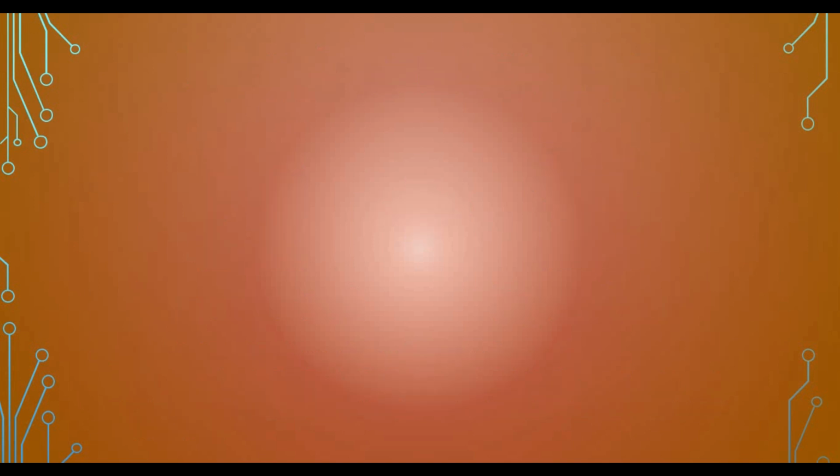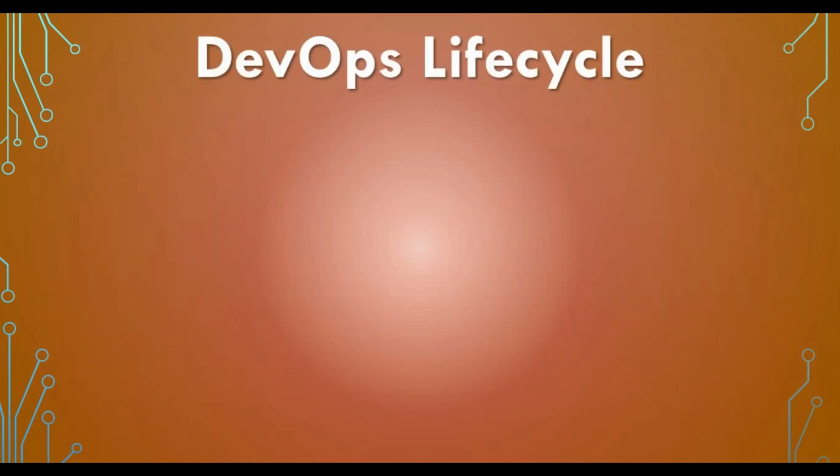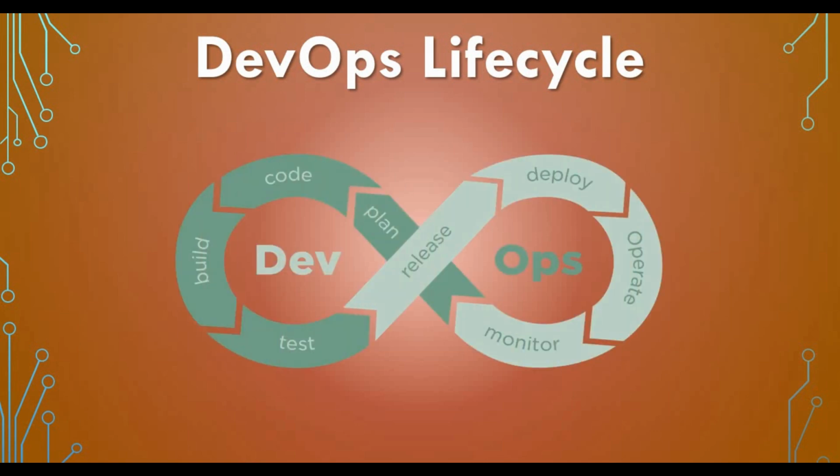When we talk about DevOps, you also need to know about the DevOps lifecycle. As you see on the screen, there is a development side and an operational side, right? There is always a continuous feedback mechanism happening, from planning to coding, build, testing, then the release phase, deployment, and the operate and monitoring phase.